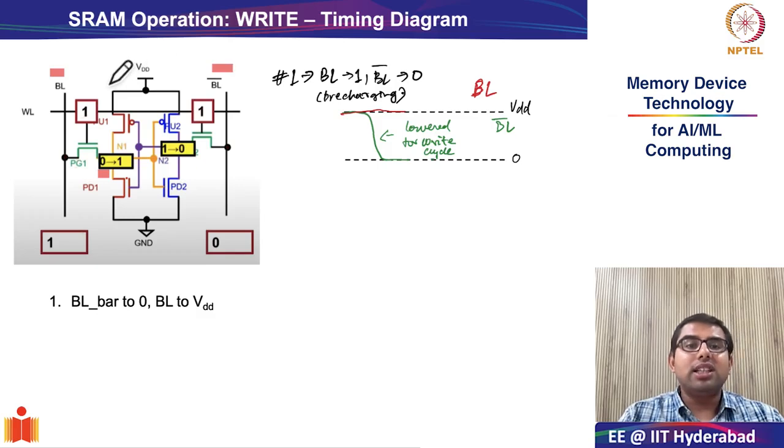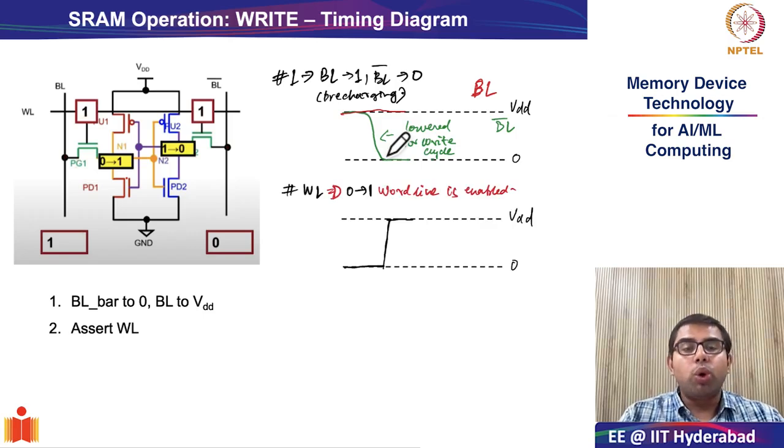Therefore, the bit line is charged to a value of 1, whereas the bit line bar is pre-charged to a value of 0. Okay, so after this, the next logical step is to turn on the pass gate transistors, and that is done by asserting the word lines.